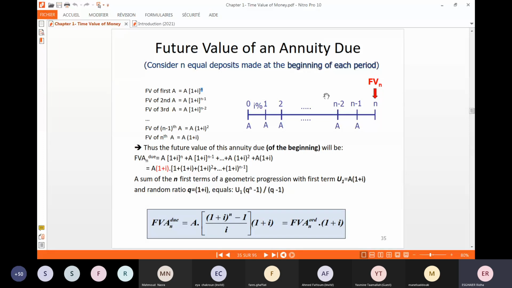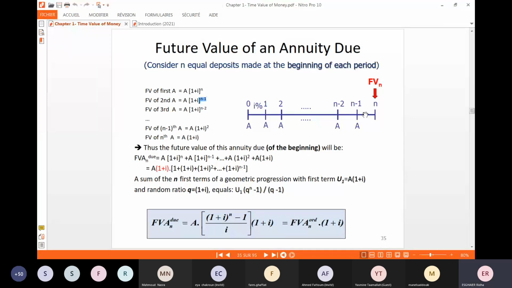From 0 to N, we have N minus 0, so power N. The second A occurring at the date 1 has N minus 1 periods of interest, etc. The last one, from N minus 1 to N, has 1 year of interest, power 1.